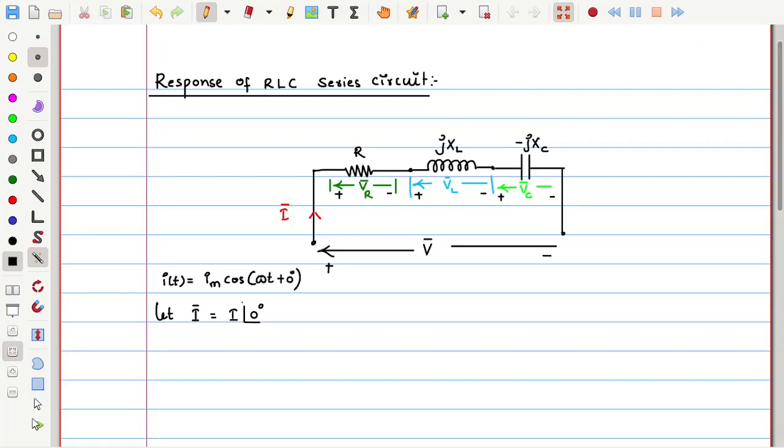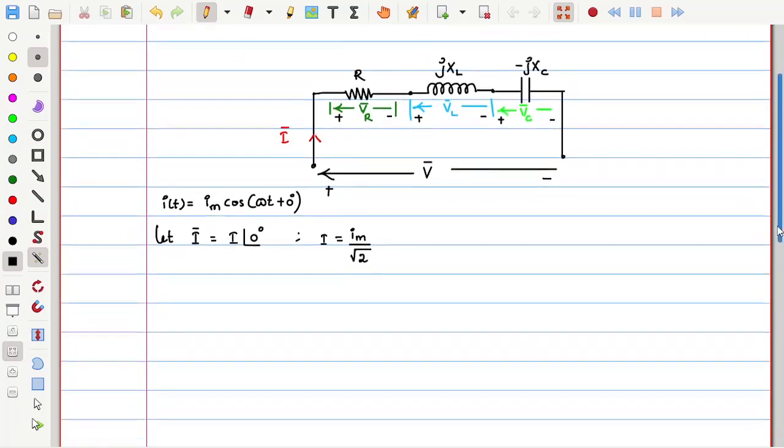If we convert this i of t into phasor form, we get I at an angle 0, where I is the RMS value of the current, equal to Im by root 2. Clear? This is our assumption that the current is in this form. If so, we can determine the rest of the parameters. Let us see how.